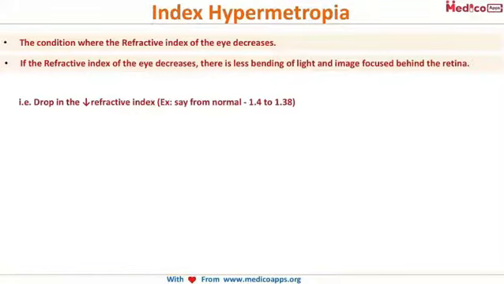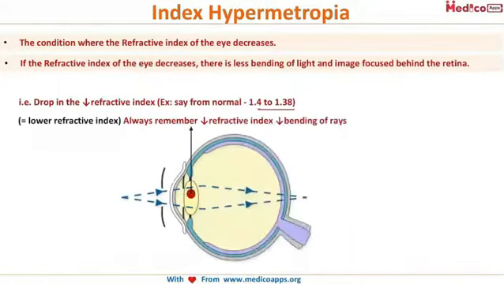Whenever the refractive index reduces by as little as 0.2, it can result in index hypermetropia. So there is reduced bending of the light rays and then they go and focus behind the retina. This is the pathogenesis of index hypermetropia. The refractive index of the eye is decreasing.